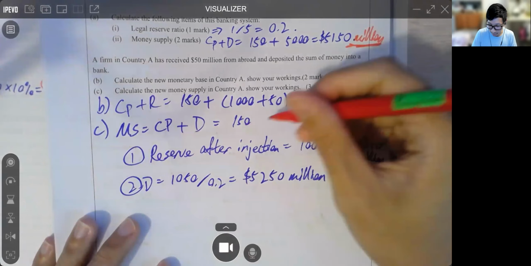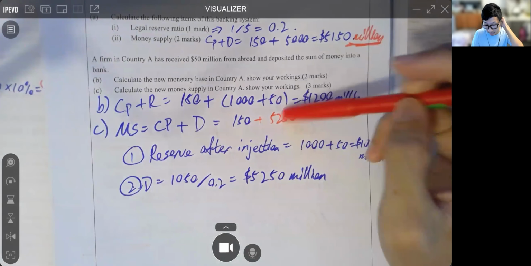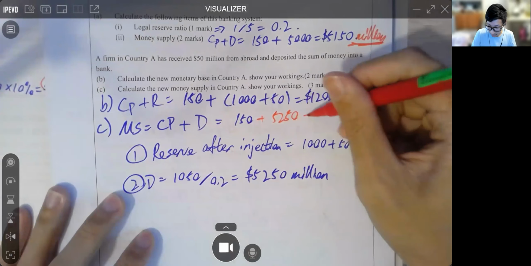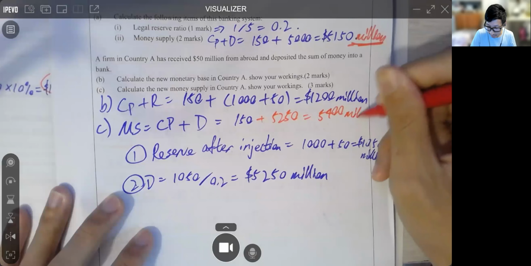Therefore money supply would be 150 plus 5250, which would give us 5400 million.